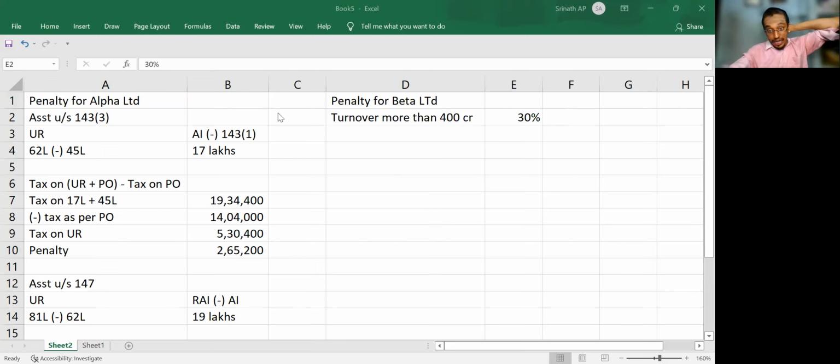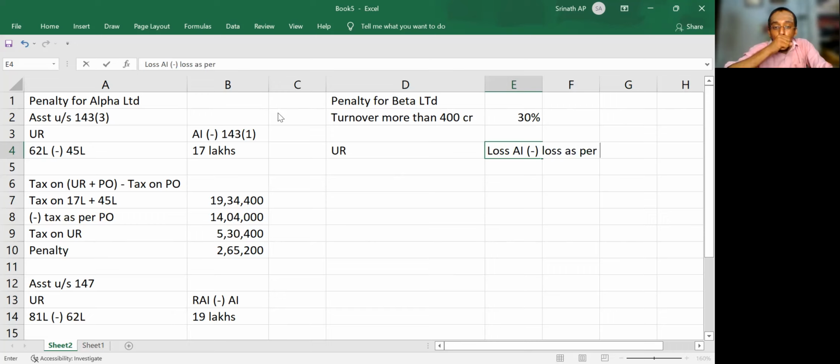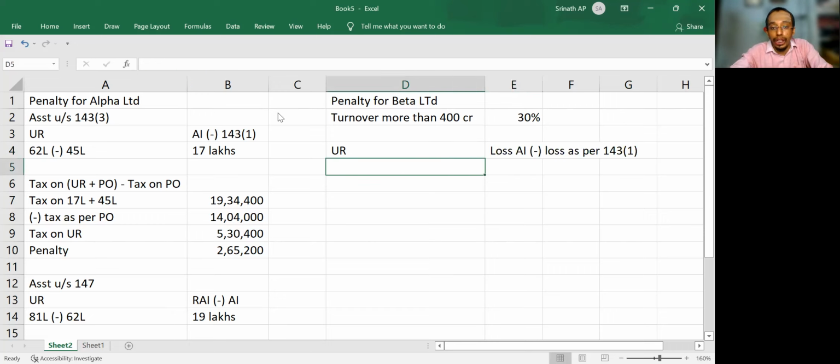First, underreporting of income. Underreporting of income will be equal to the loss as per the return of income filed, that is, loss as per assessed income minus loss as per 143(1).